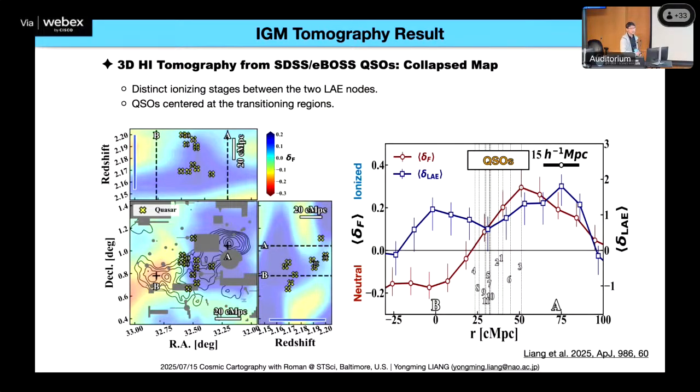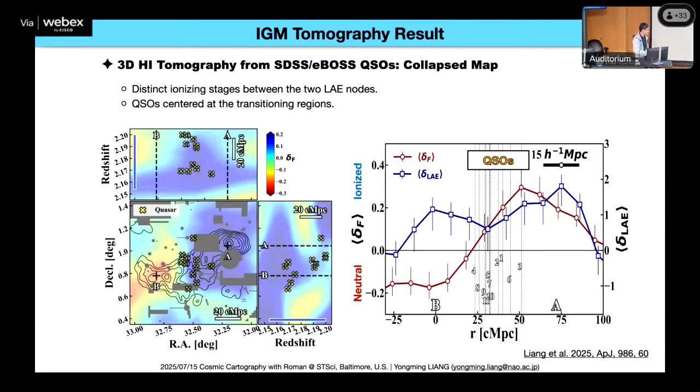The blue color indicates the more transparent and more ionized region, while the red color indicates a more neutral or more opaque region. An interesting thing you can directly find by eye is that the two clumps of galaxies seem to trace totally different gas ionization status, and clump B does trace a more gas-rich region.